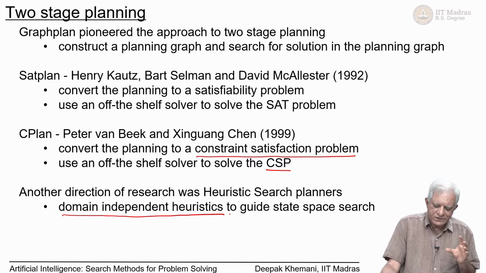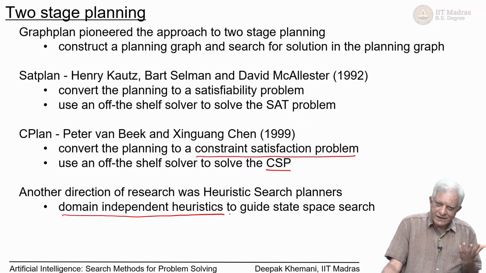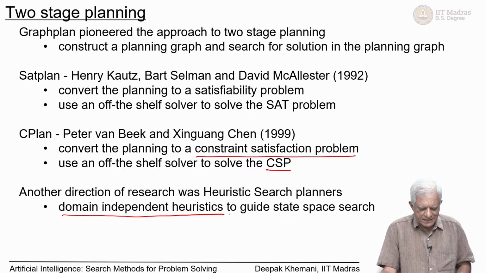Our domain specific heuristic functions, we said, were static functions, they had constant time complexity. Domain independent heuristic functions typically have polynomial time complexity.